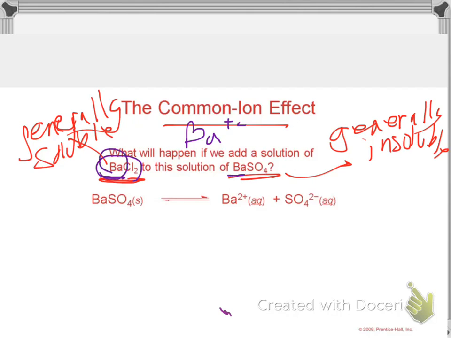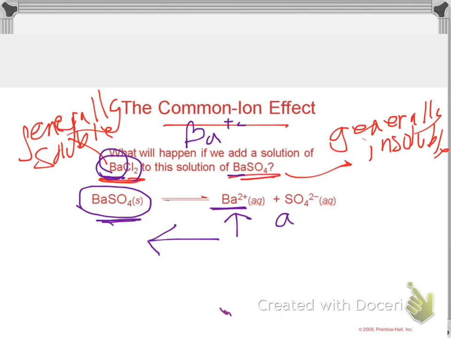And if I do that, I'm going to increase the concentration of barium. And pretty simply, what Le Chatelier says is that this is going to shift to the left, right, which will give me more solid, so more of the barium sulfate will precipitate out.